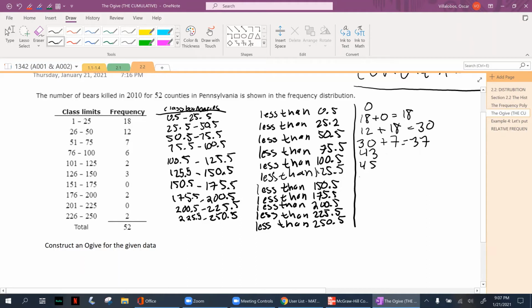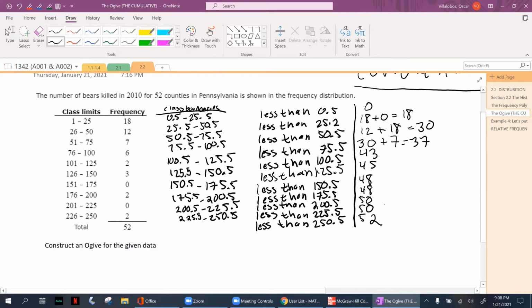Let's see, 1, 2, 3, 4, 5, 6. Okay, yeah, this is right. Plus 2, plus 3 gives me 48. Plus 0 still gives me 48. Plus 2 gives me 50. Plus 0 still gives me 50. And at the end, plus 2 should be 52.